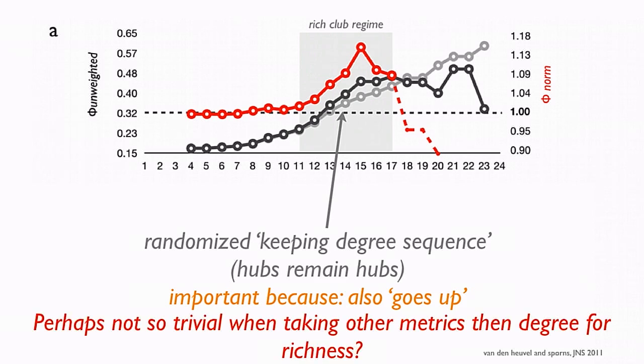Now, when we're selecting our centrality on the level of degree of a node, this is relatively easy to fix, because in the random condition we can keep the degree of the nodes equal. And that is simple to do. But if we select our hub nodes on the basis of other centrality metrics, for example the participation coefficient or the betweenness centrality, this might not be as trivial.